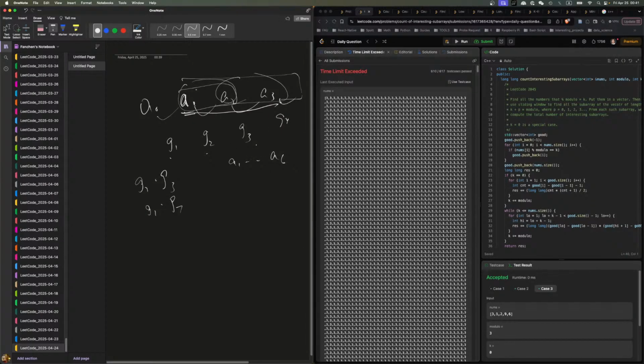So basically, based on what this one is, plus current, plus K. Plus modulo.